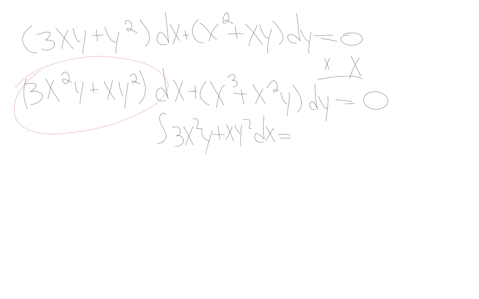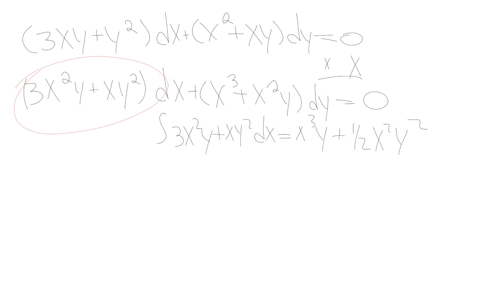And that is equal to x cubed y plus 1/2 x squared y squared. And we need not worry about the constant of integration, as it will appear on the other side of the equal sign. So after getting this x cubed y plus 1/2 x squared y squared, we end up with an arbitrary function, a single variable function of y.